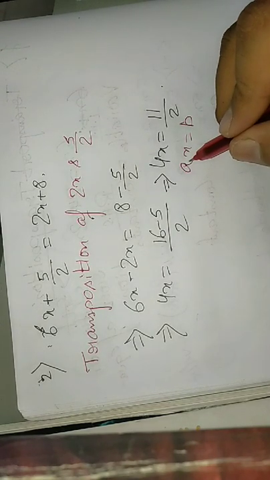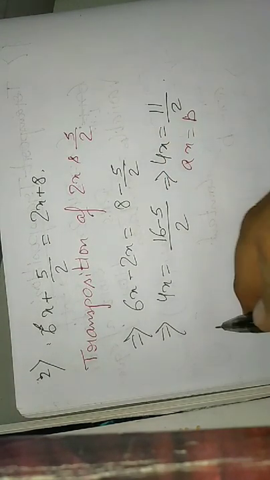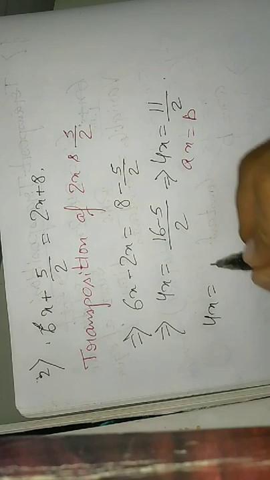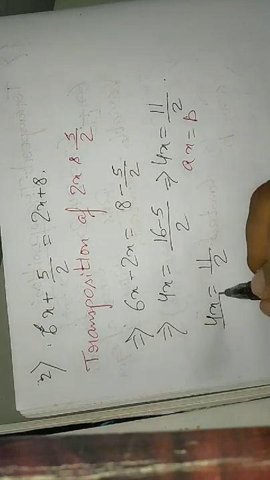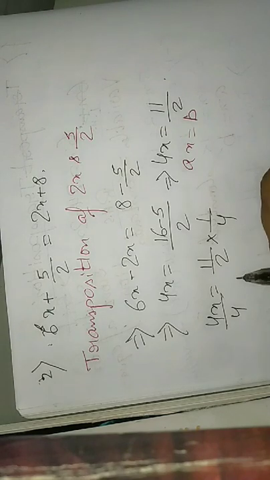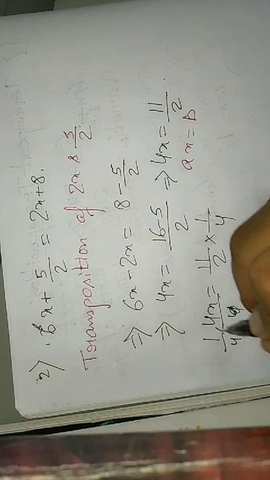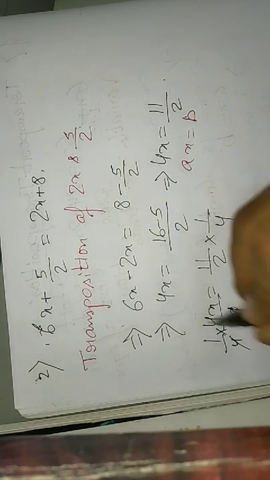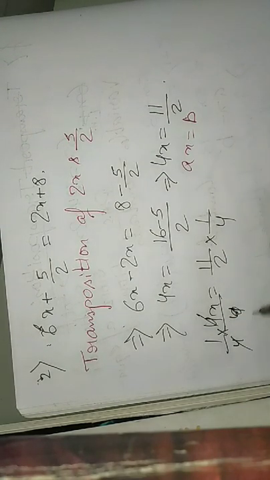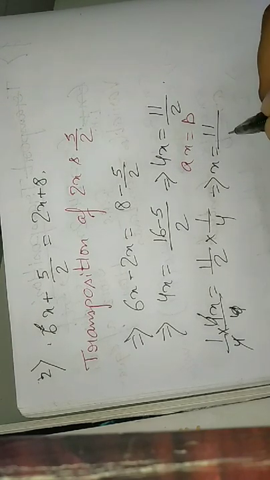So again you need to divide by a, a means 4, on both the sides. So 4x by 4, and here again I'll multiply with 1 by 4 on both the sides. So 4 is gone.